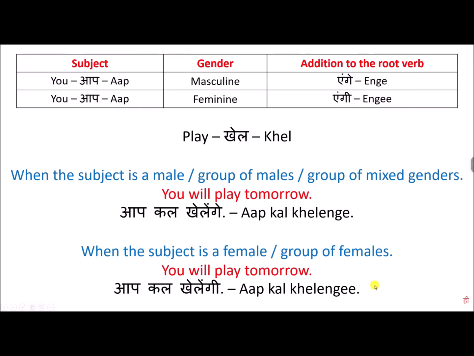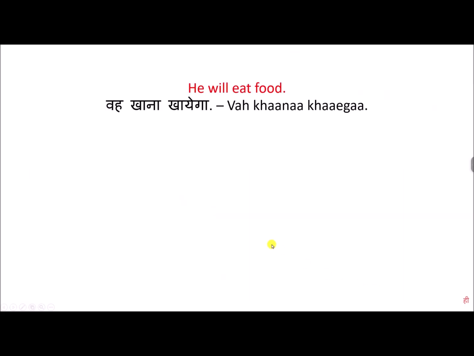Okay. Now, if you know how to frame a positive sentence, then framing a negative sentence, a question and a negative question becomes easy. So let us see those now.